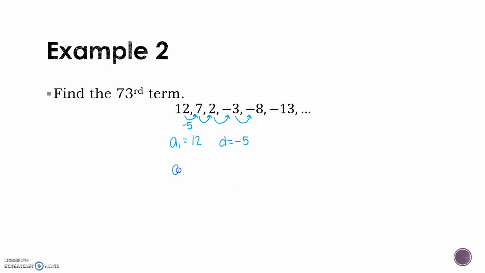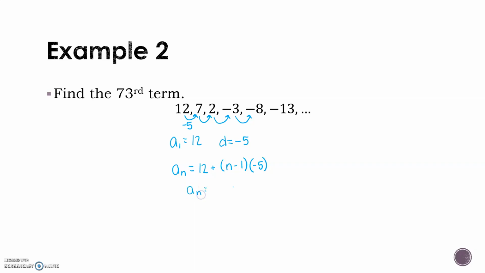So to write my formula, I would do a sub n equals the first term plus n minus 1 times negative 5. I'm going to put this in parentheses to remind myself that I'm multiplying everything by negative 5, and I'm not doing n minus 1 and then subtracting 5 at the end. So I want to make this look a little bit cleaner.